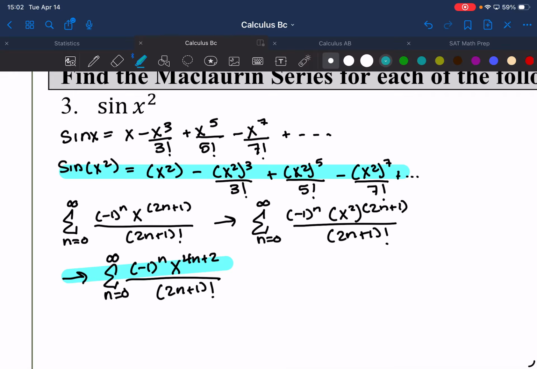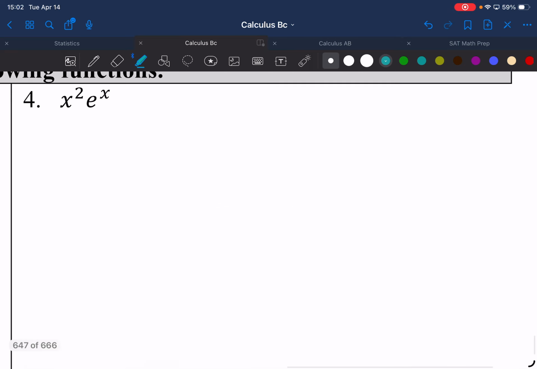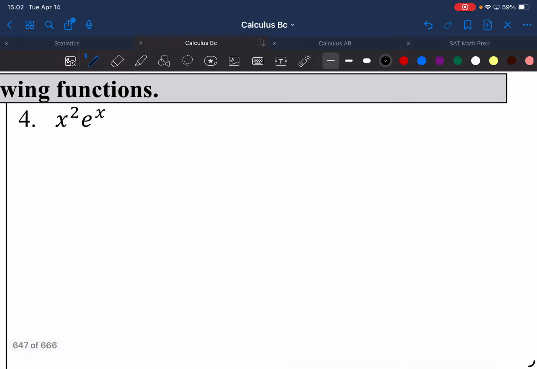Well, if we want to multiply x squared by e to the x, that means every single term in this expanded series, we're going to multiply by x squared. So x squared e to the x is equal to x squared plus x cubed plus x to the 4th over 2 factorial plus x to the 5th over 3 factorial all the way to x to the power of n plus 2 over n factorial, because if we're multiplying this by x squared, it's adding 2 to the exponent.